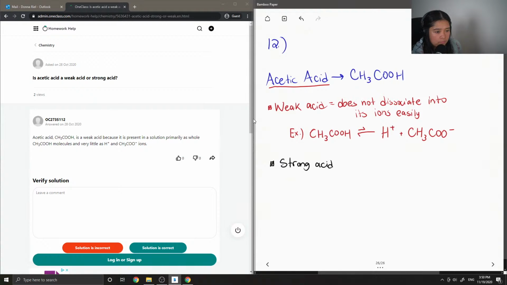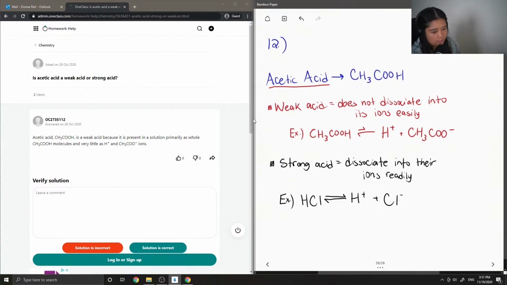Strong acids are able to dissociate into their ions readily. An example of a strong acid is simply hydrochloric acid. So I'm going to show the arrows. And it can easily dissociate into H plus and Cl minus.